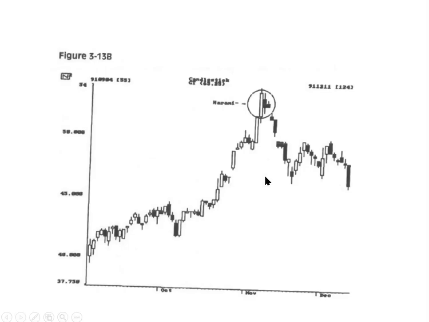Similarly, here there was a strong uptrend, and then at the top of the move here, we can see there was a bearish Harami, and then from that day onwards, there was a short downtrend, and the prices consolidated and moved in a sideways pattern. These are the classical examples of bullish and bearish Harami.